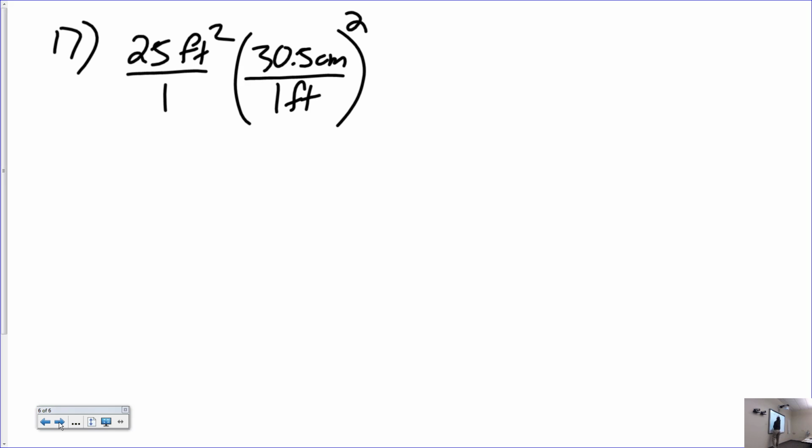You have to square the whole thing. And then don't forget that I want to get it in meters, so there are 100 centimeters in 1 meter, and again, you still have to square everything. If you made a mistake, it was usually because you squared one of them, but then forgot to square the next one, whichever one you did next.